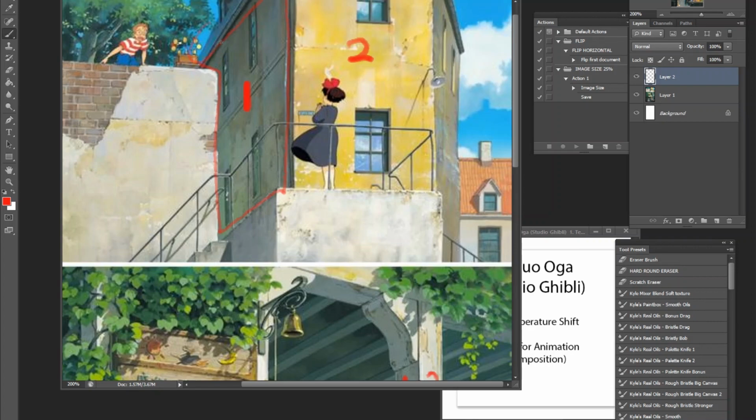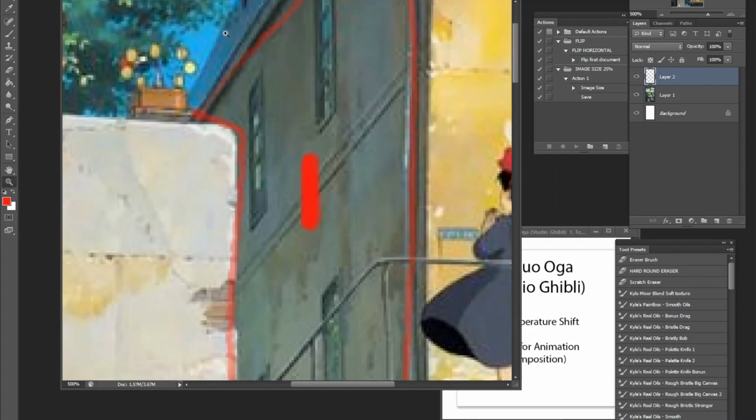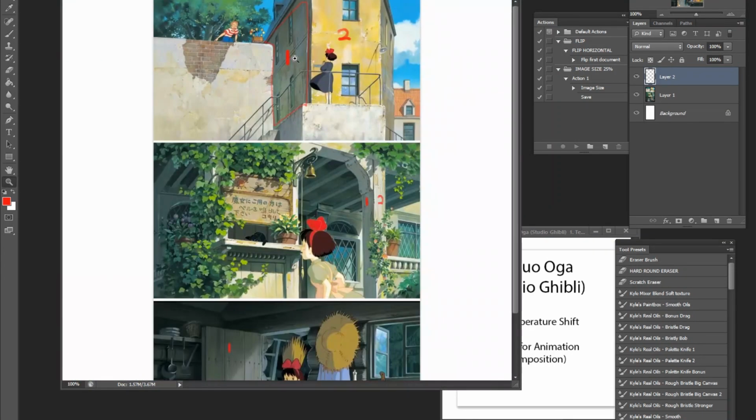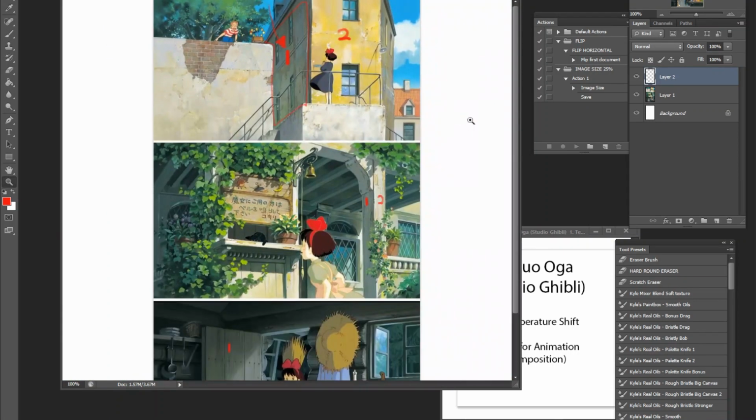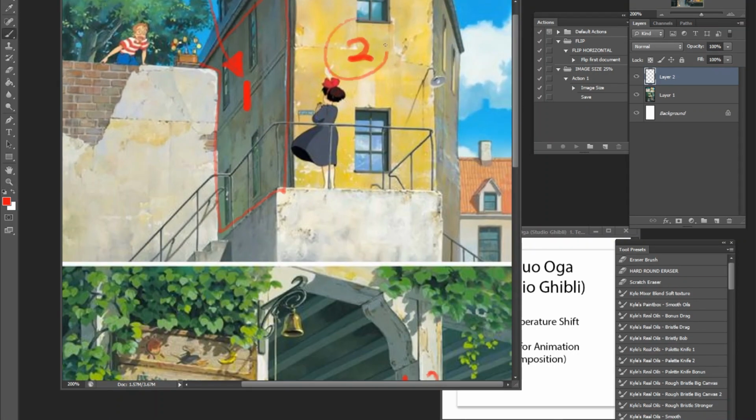So even if you see right here, there is a leakage of blue there, just to show that yes, it is affected by the skylight, which makes the shadow make sense. And of course, number 2 here is affected by the sunlight. Now, the sunlight, of course, is warm, generally speaking, or neutral.